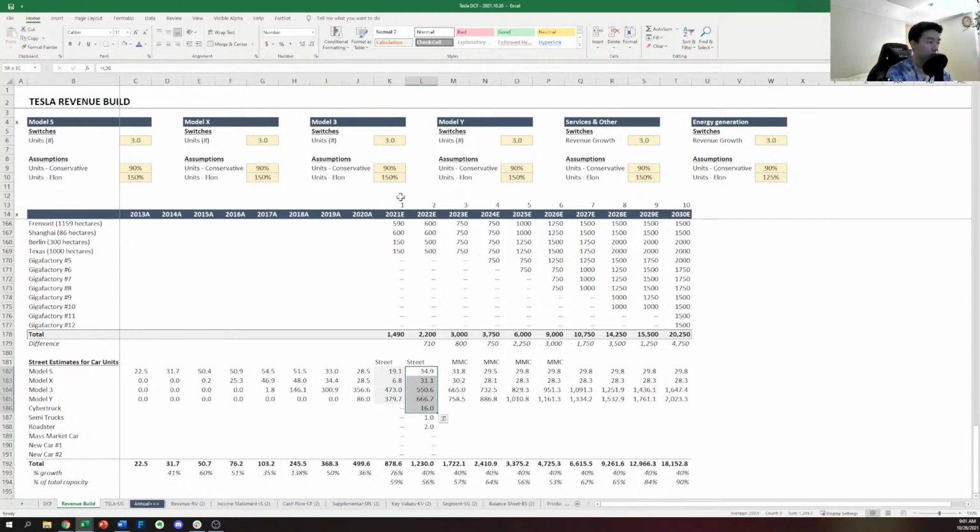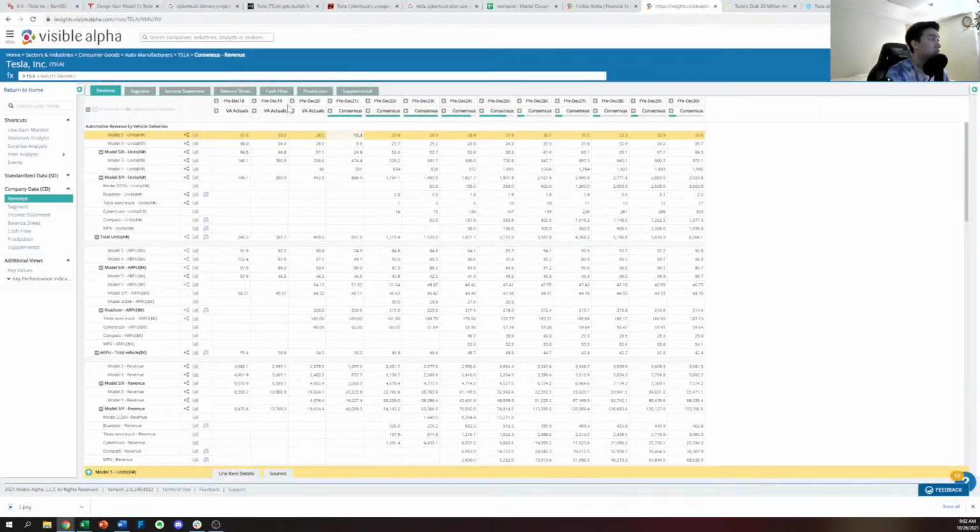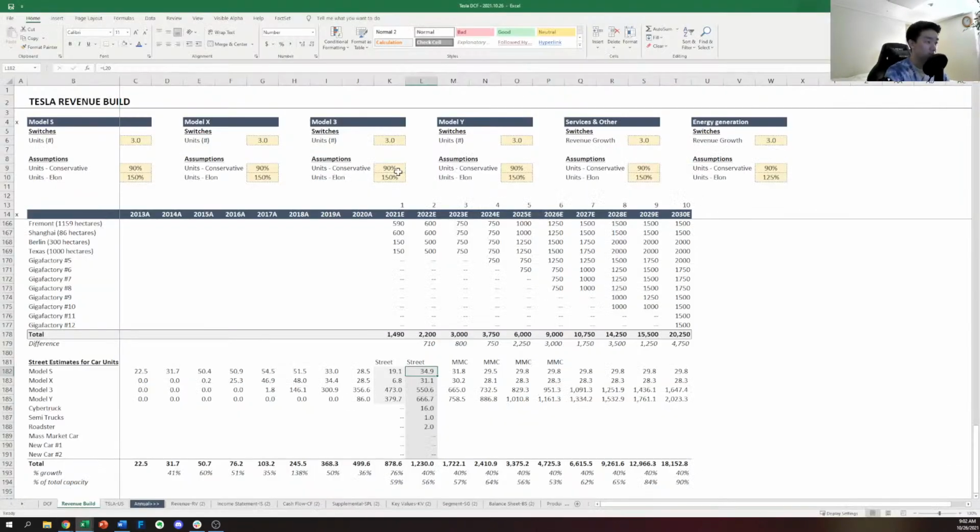Okay, so this is set in stone again. Oh wait, so 39, 35. Let's see, okay, 2022 Model S 28 million, 24 million, Model X 528 and 634. Okay, so this is FactSet versus Visible Alpha, so things are going to be a little different.